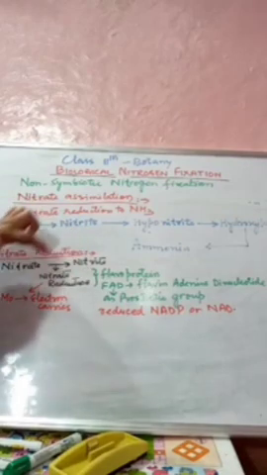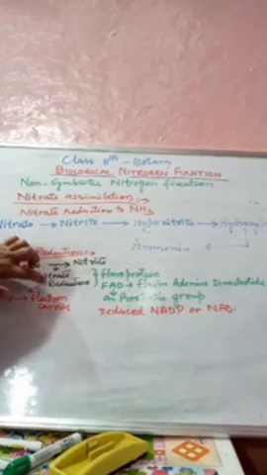Now, in this nitrate reductase, there is molybdenum, and this molybdenum acts as an electron carrier. So in the first step, we discussed nitrate reductase. First, nitrate is reduced to nitrite by the enzyme nitrate reductase.